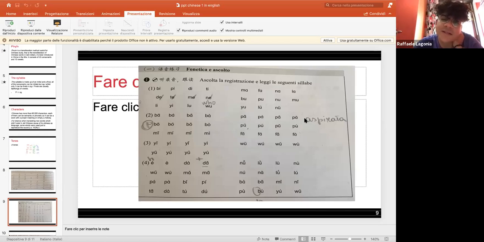So the difference is that the P here is aspirated. Then we have bo, bo, bo, and the same thing with poo, poo.